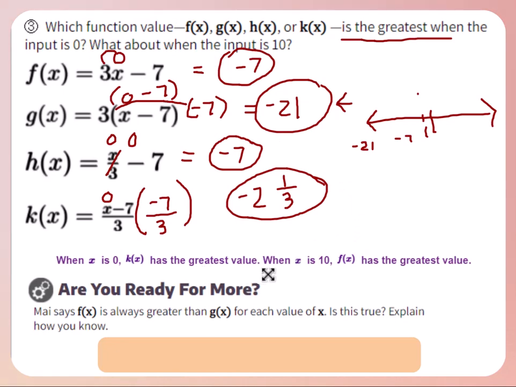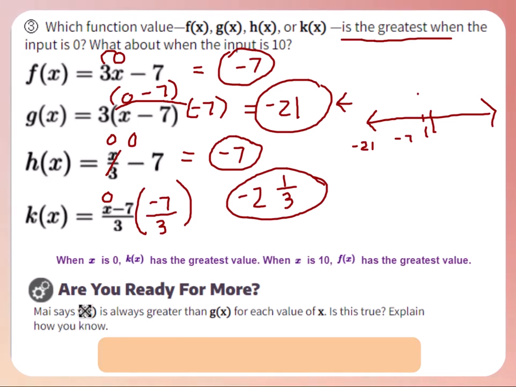But it says here the greatest value when x is 10 is f of x. So we would do the same thing again, but instead of substituting in 0, we would substitute in 10 and then work through to find that f of x is going to give us the largest value. 30 minus 7 would be 21. All right, are you ready for more?